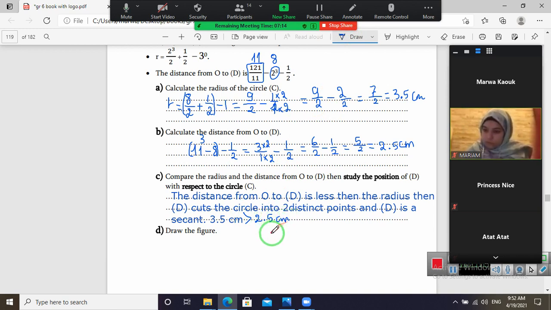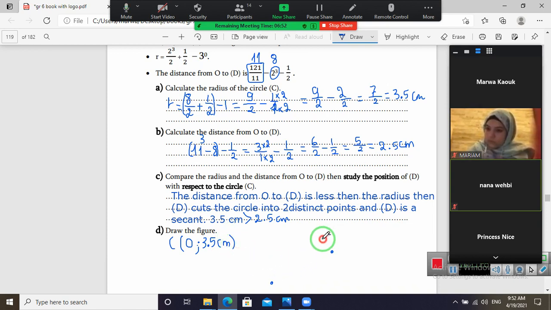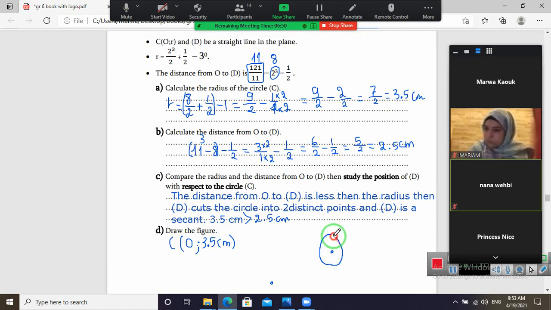How do we draw it? First of all, we draw a circle of center O, radius, write the given here. Circle, center O, radius what? 3.5. So you draw the circle, center O, radius 3.5. Yalla, draw it. And when you have finished, I will make it here by freehand. Center O, radius 3.5.